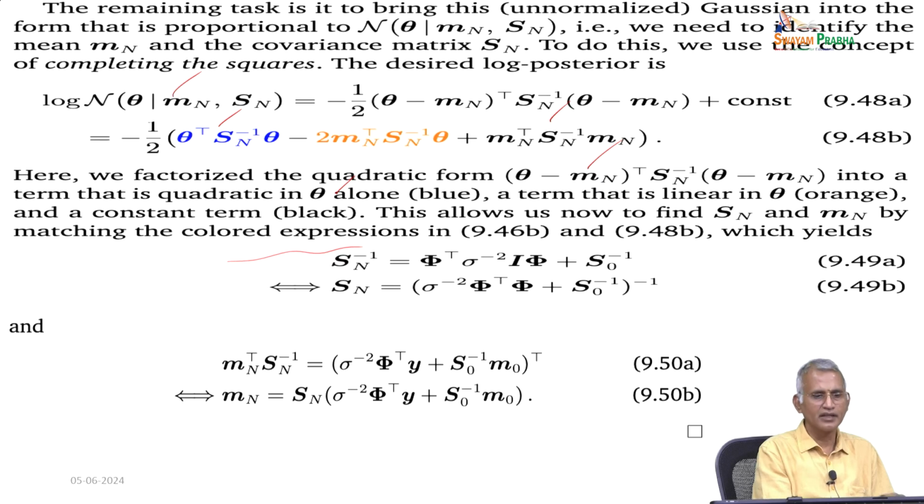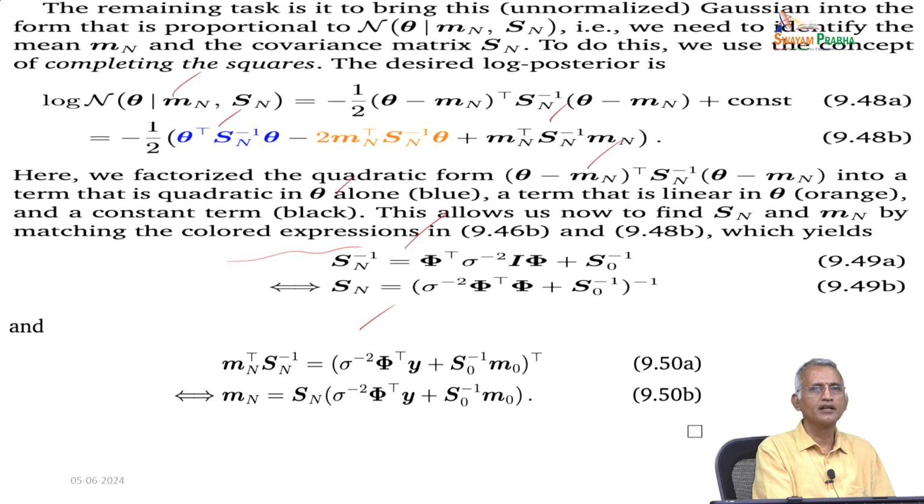So, this yields Sn inverse equal to Phi transpose sigma to the power minus 2 I Phi plus S naught inverse, if and only if Sn equals (sigma to the power minus 2 Phi transpose Phi plus S naught inverse) whole inverse.